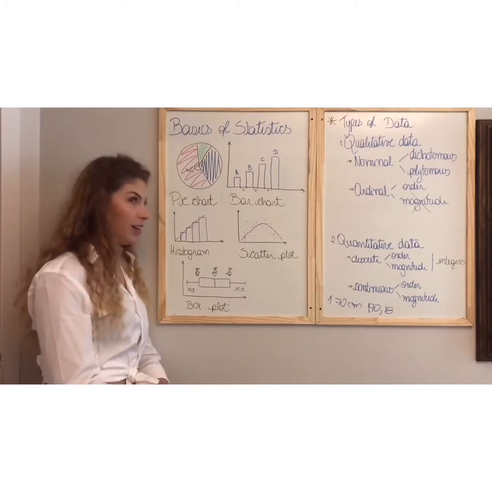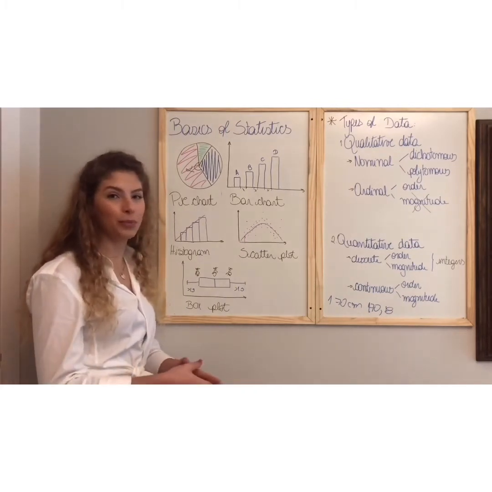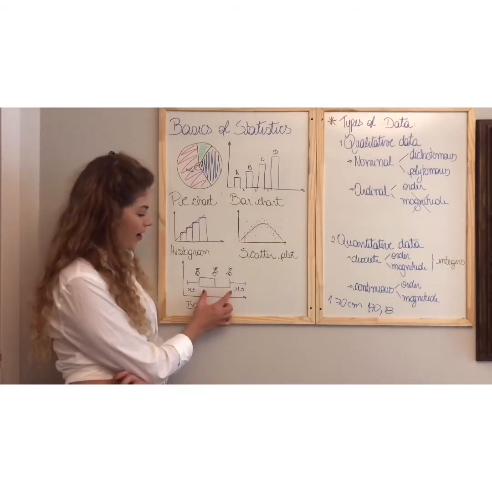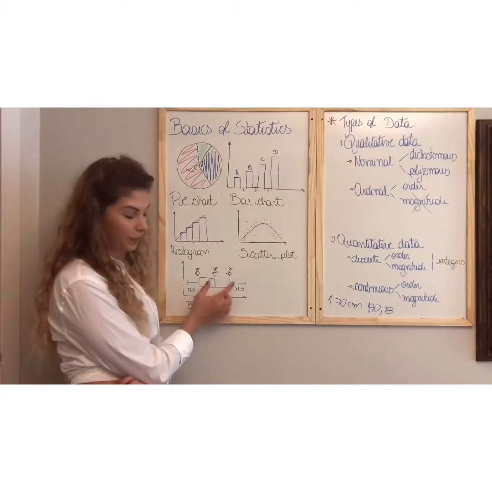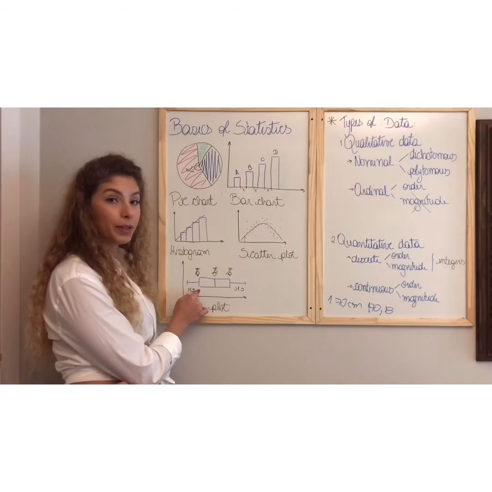Okay guys, then we can go to the box plot. The first time I saw it, I was really shocked. It seems to be very difficult to interpret, but actually it's not that difficult. First we have a box. This line here represents the 25th percentile.